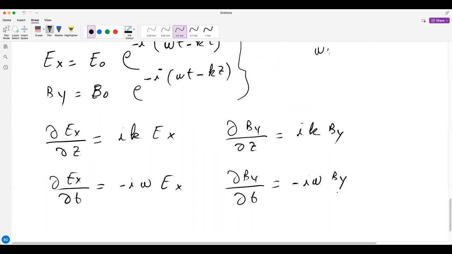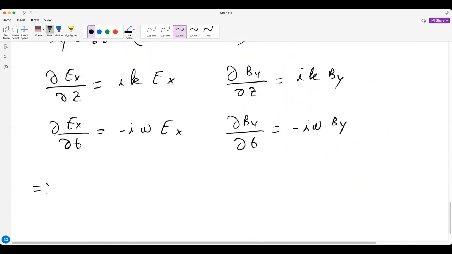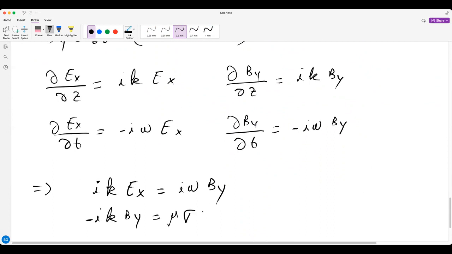And then I replace in these two equations, and I obtain the following. I obtain ik Ex is equal to i omega By, and minus ik By is equal to mu sigma Ex minus omega mu epsilon Ex.